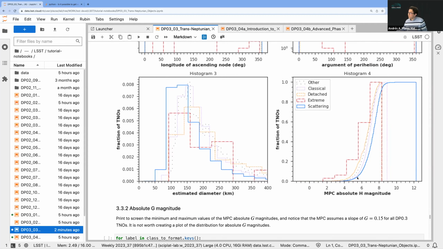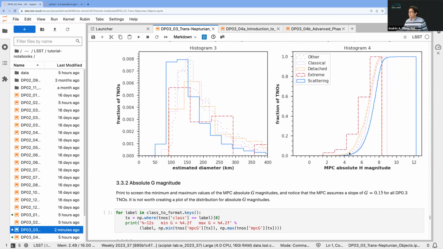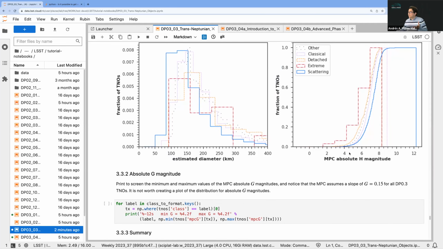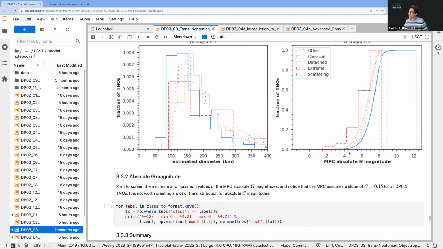And you can see different cumulative functions from the different classes. There are different models of formation of the solar system that have different assumptions, and are going to produce different predictions for this type of cumulative histogram. So that's also another observable that you can use to differentiate these models.